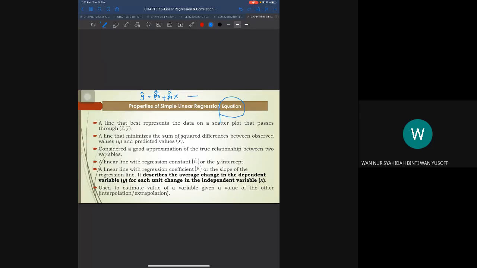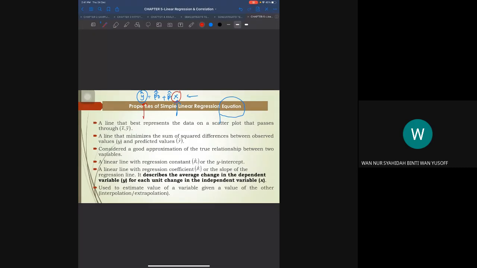After we form this equation, you can predict y given x, or another way, you can predict x given y. So that is prediction, used to estimate the value of a variable given a value of the other.